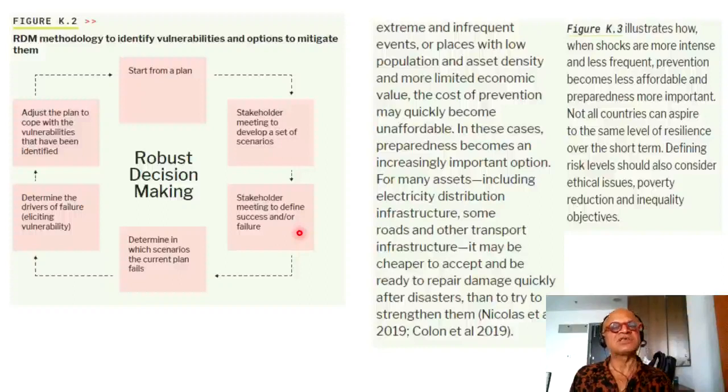So stakeholders have to say, yes, this was a great success, or this just didn't work. Determine in which scenarios the current plan fails. Determine the drivers of failure, eliciting vulnerability, and adjust the plan to cope with the vulnerabilities that have been identified, and then start from a plan again.